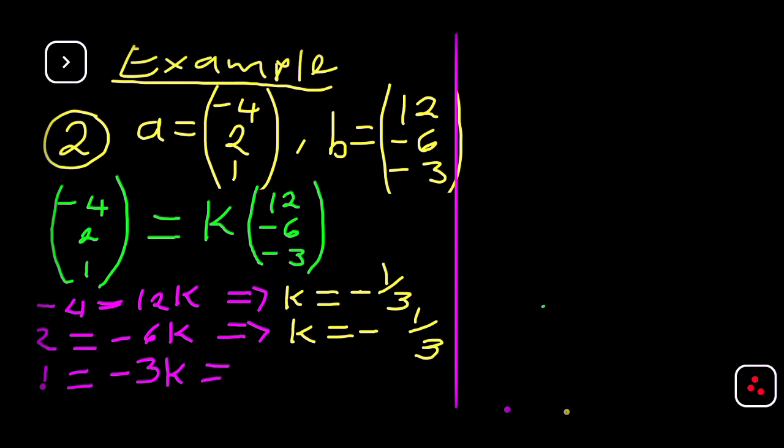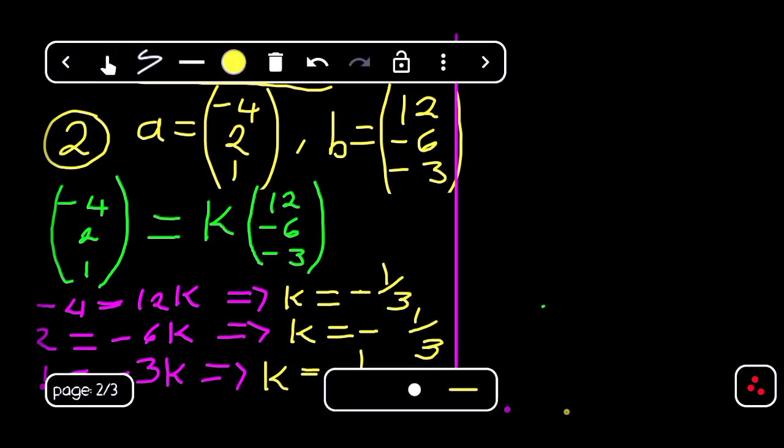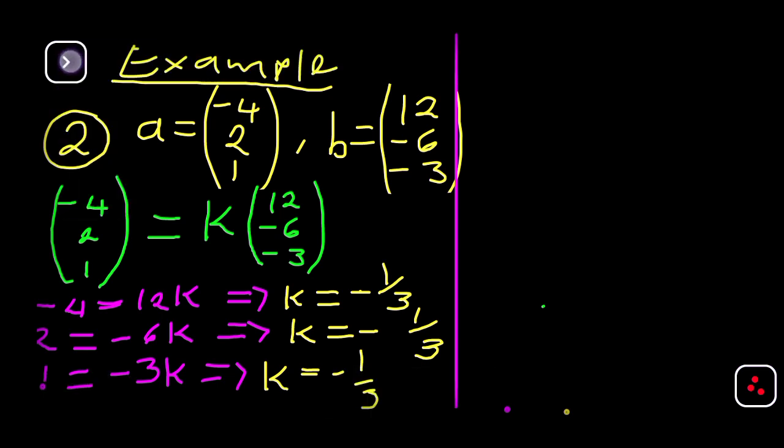And you realize that this will also mean that the value of k is equal to negative 1 over 3. Very interesting. We have a very interesting part here, whereby the value of k is the same throughout.